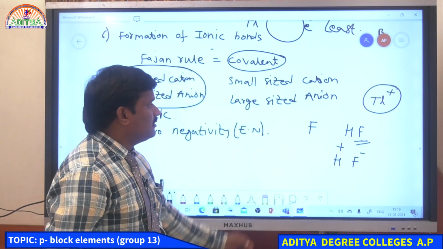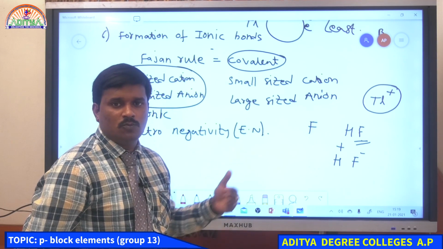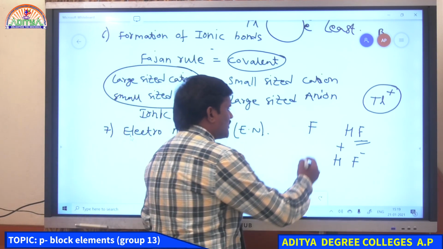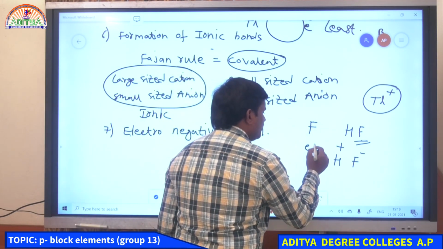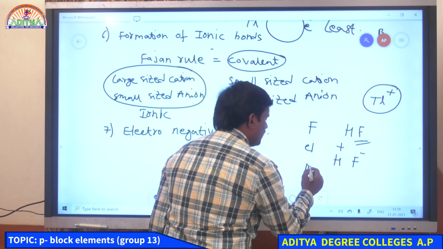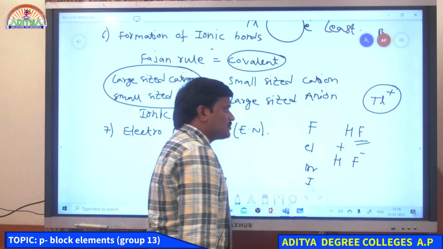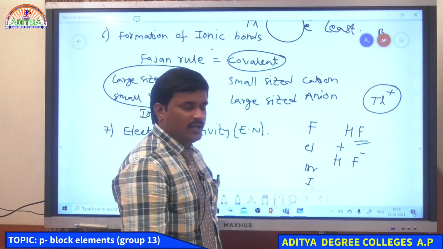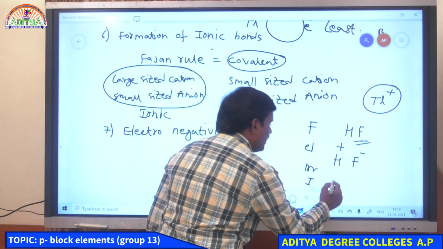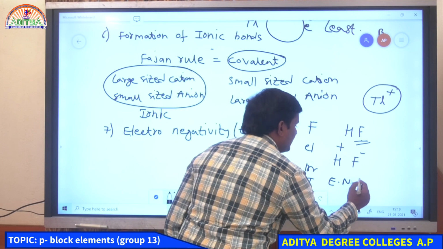Now what happens in the 13th group elements from top to bottom? In general, from top to bottom, in the case of halogens, fluorine, chlorine, bromine, iodine, fluorine is the most electronegative element, and from top to bottom electronegativity decreases.